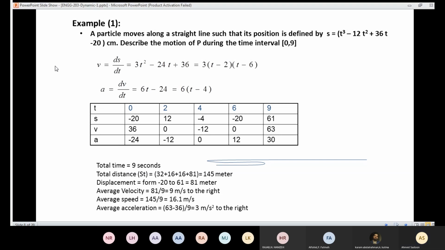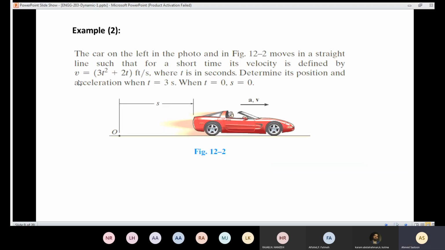Also, we can solve another example. Here we have that car. The car on the left in this figure moves in a straight line. Since it moves in a straight line, we can use the rectilinear equations. And for a short time, its velocity is defined by that formula.